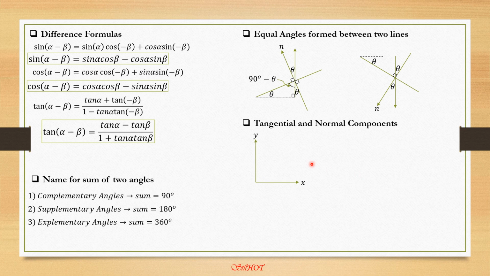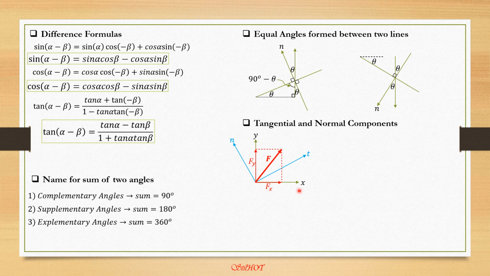Then we have tangential and normal components of a force or a vector. Here we have the x and y axis, and let us say these are the tangential and normal axis rotated through an angle of theta tangential. This is the force, and its components are Fx rightward, Fy upward.